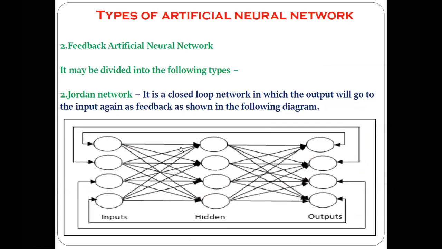Now my question to you: if you want to train this kind of network, the feed forward ANN as well as the feedback ANN, what algorithm do we have to utilize? Which kind of algorithm do we need?